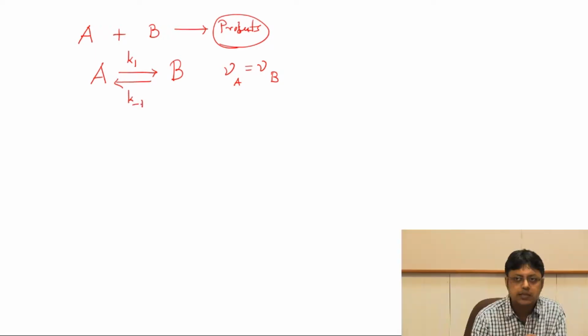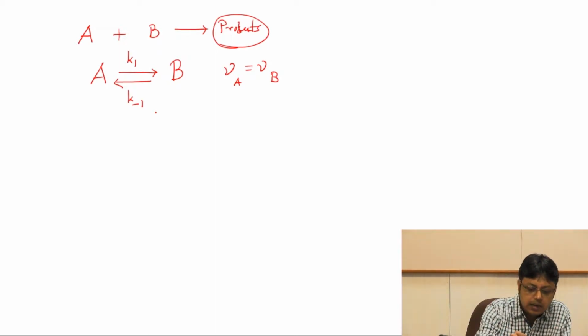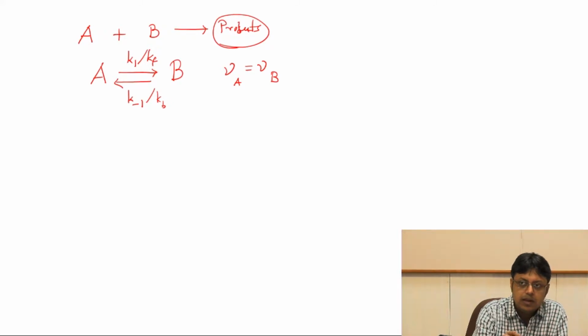Some textbooks write it as K2, but we are just using the minus notation. So K minus 1 is basically the rate constant for the reverse reaction or the backward reaction. Sometimes we write it as Kf, the forward rate constant, and the backward rate constant, sometimes written as Kb or Kr, for the reverse reaction.